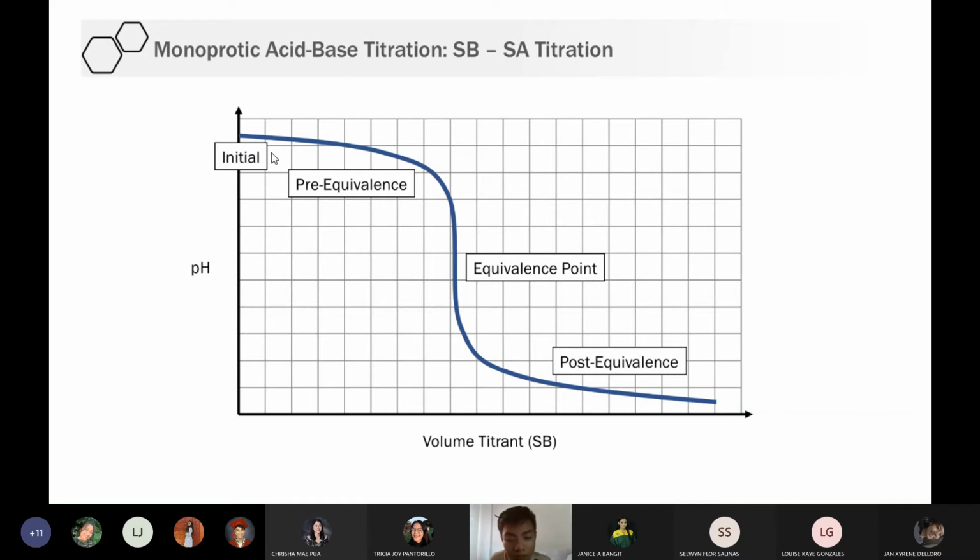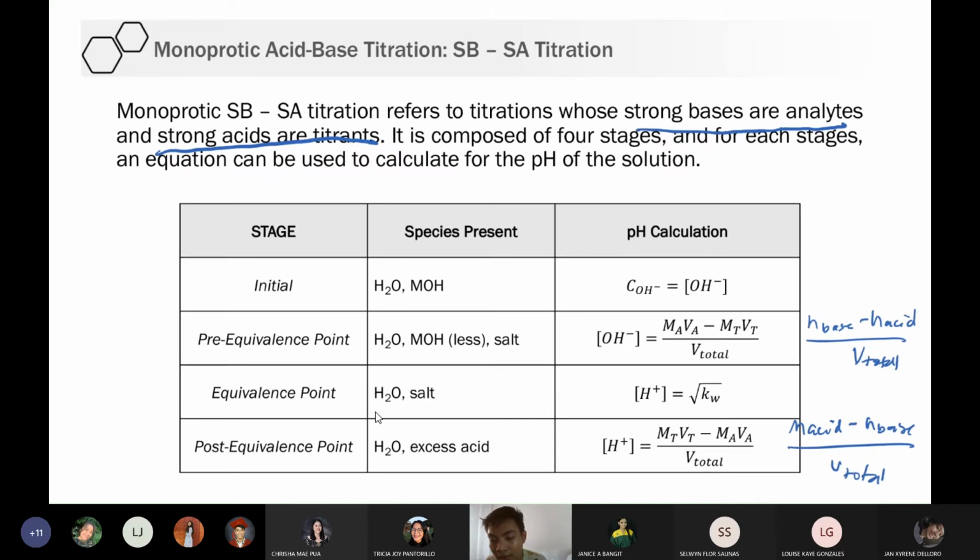Then, upon the addition of acid titrant, dahan-dahan niya magbaba, and then we will reach the inflection point wherein we can find the equivalence point. And then, pag nasobrahan tayo ng titrant, nasa acidic part na tayo. Okay. So again, remember that for each stage, there is a corresponding equation to be followed. Ito yun. Okay?